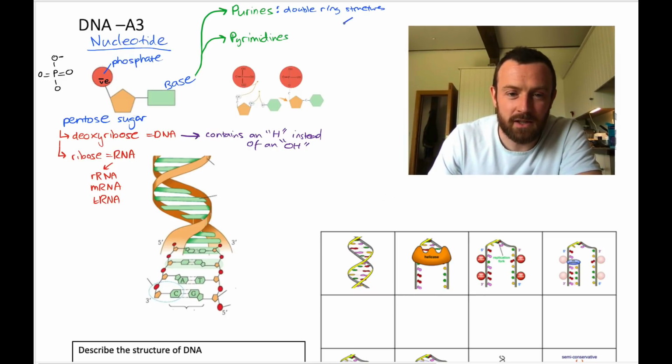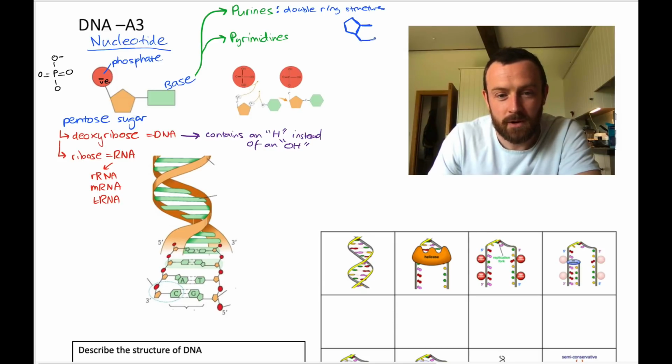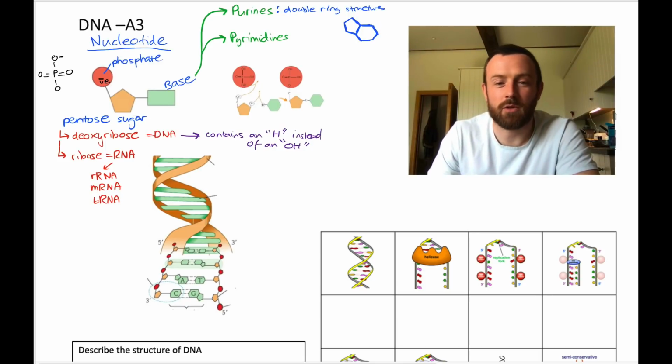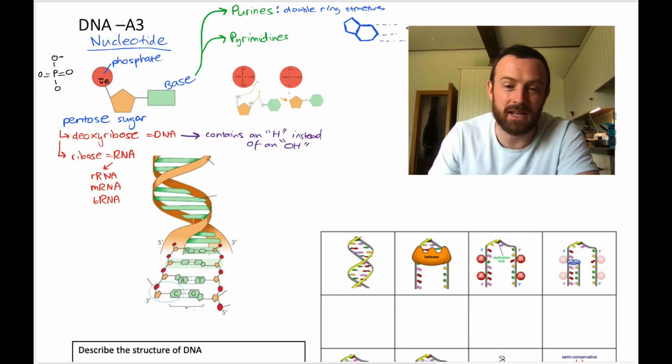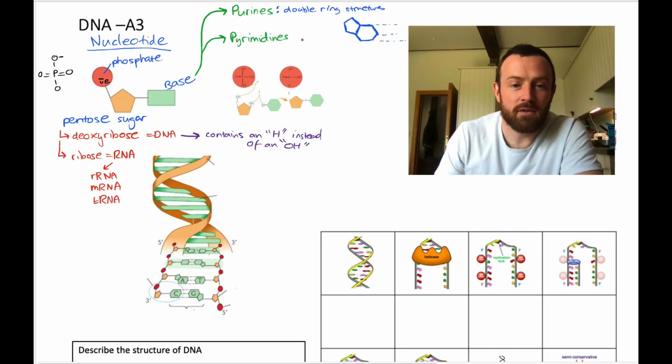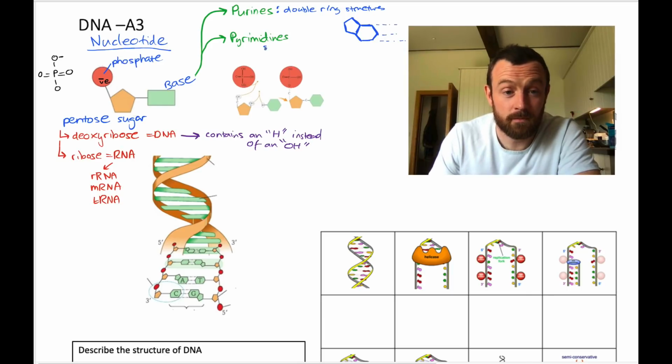In that double ring structure, we've got a pentagonal ring attached to a hexagonal ring, like that. It looks a bit like that, okay? And then we have some oxygen or nitrogen containing groups, so we form the hydrogen bonds here to the other base, which would be over here. Pyrimidines are single ring structures.